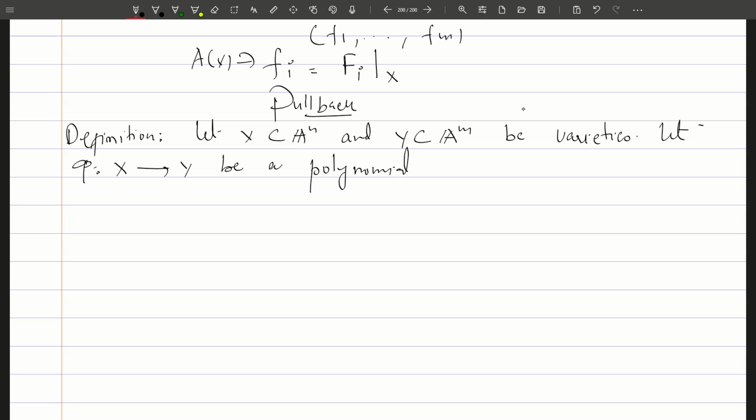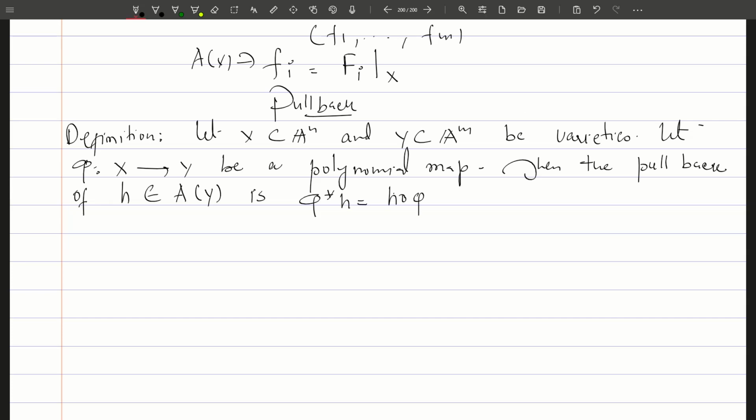Then the pullback of a regular function, say h in A(Y), is phi star h, where phi star h is given by the map h composed with phi. So this is the definition of pullback.